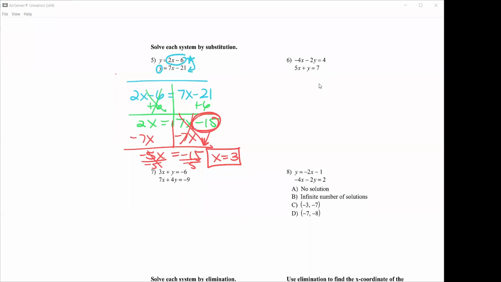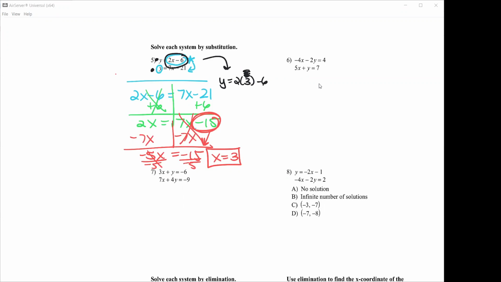So to figure out what y is, I can use either one of these original equations. It doesn't matter which one. I'm just going to use the top one. So y is equal to 2 times 3 minus 6. You are substituting 3 in place of x, the x that was here. There is no more x when you put the 3 in it.